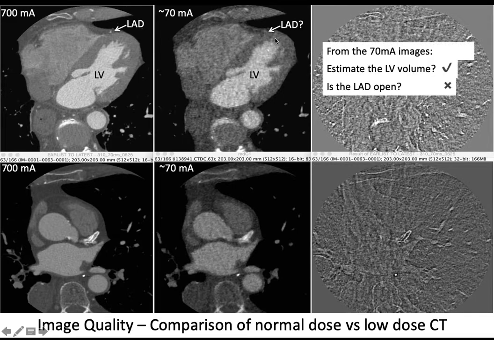So telling whether your heart is too big or too small is perfectly fine. You can get away with very low dose to do that. But whether or not this vessel is open is a high dose task. Similarly, you can see how the calcium here, at least in this view, shows a channel in between, where the vessel is open. But that starts to blur if you have a lower dose scan.